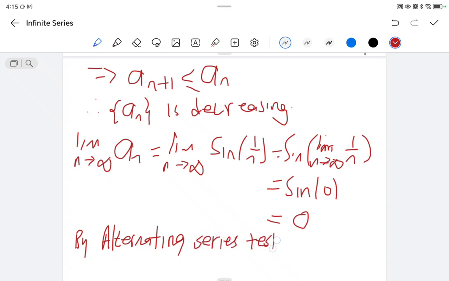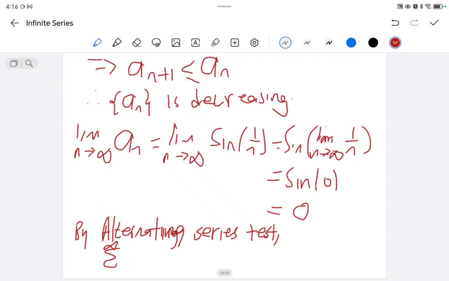This would mean that the summation of minus 1 to the n plus 1 of sine of 1 over n converges. You see, right?